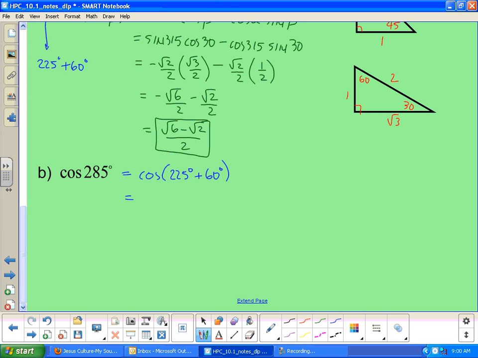But remember, cosines are negative, meaning they're opposite of what we see here. So we have cosine alpha, cosine beta, and then now we have to do a minus, because that's a plus, sine alpha, sine beta. Cosine, cosine, sine, sine.